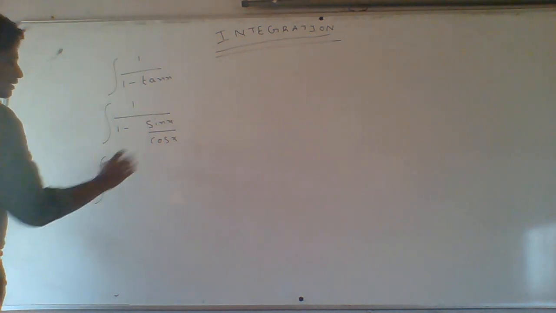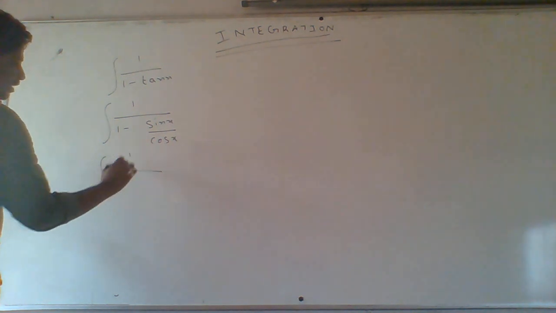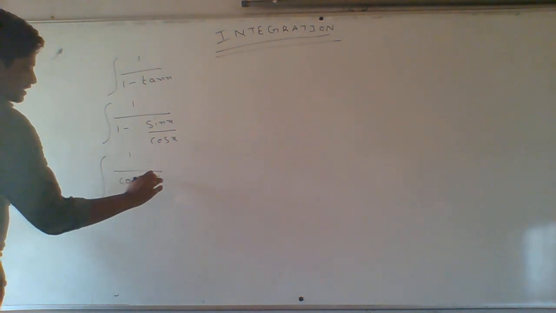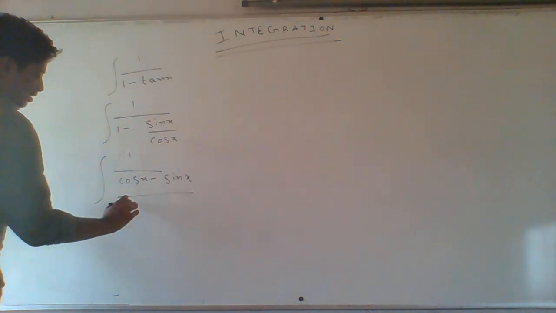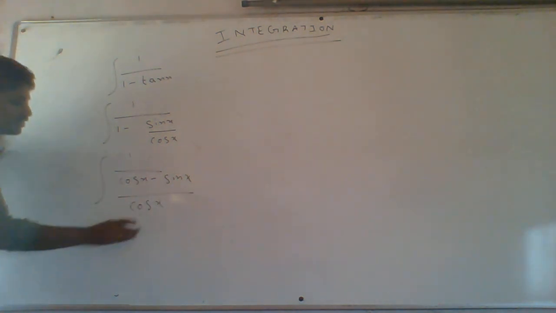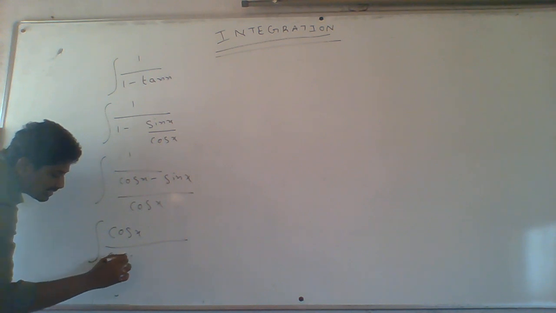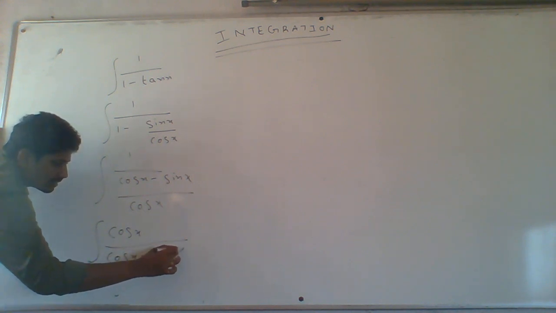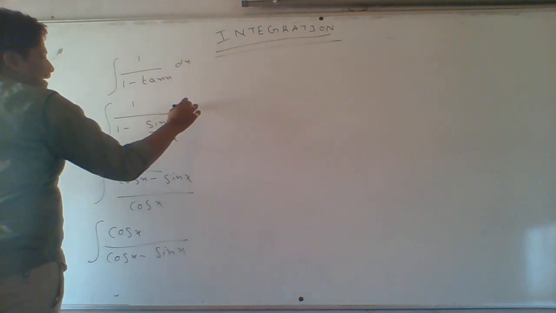Next step, cos into 1: 1 by (cos x minus sin x by cos x). If cos x goes to the denominator's place, it will be cos x by cos x minus sin x, dx.